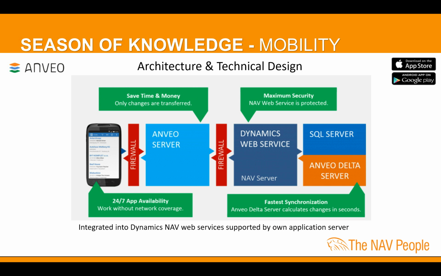Architecturally, the application comes in a number of parts. You have the client application that runs on the device, be it an Android or an iOS device such as an iPad. Then you have an Anveo server. An Anveo server is a staging server where data is held for the application to use. This then pulls or talks to Dynamics web services through a firewall, which in turn then talks to your NAV database.